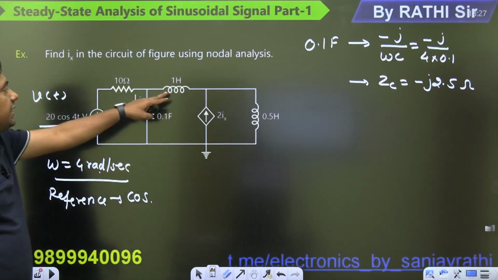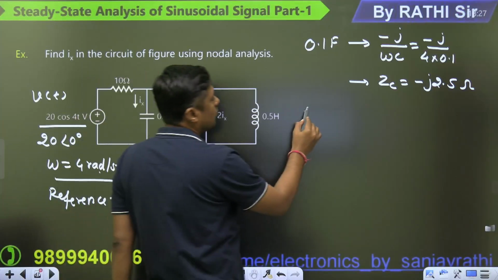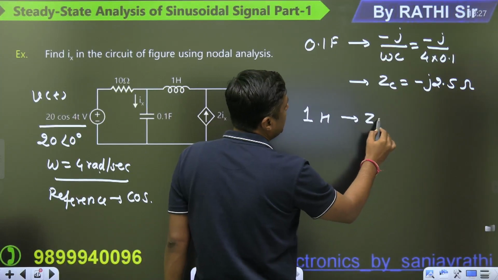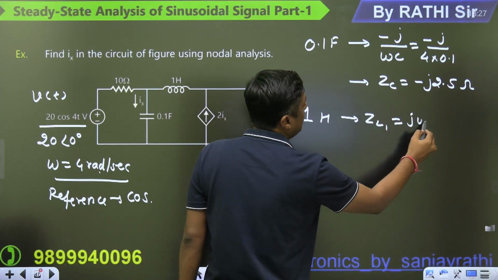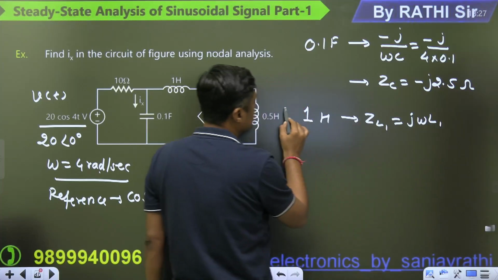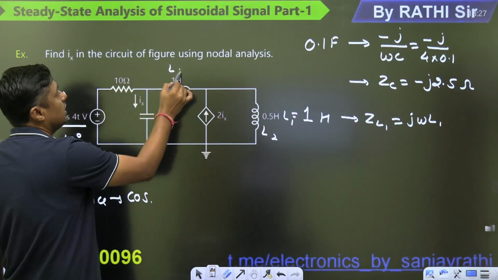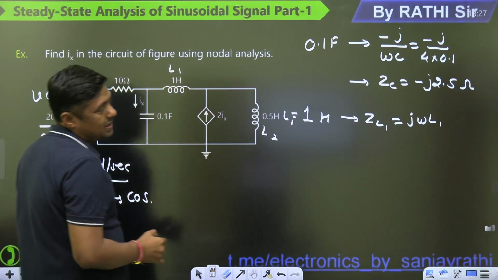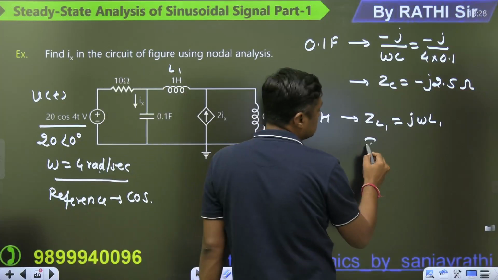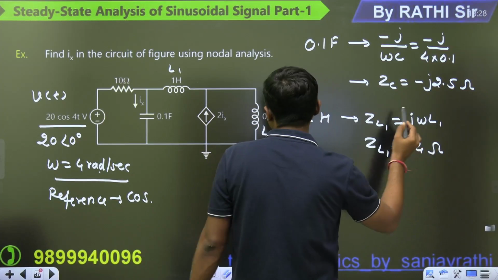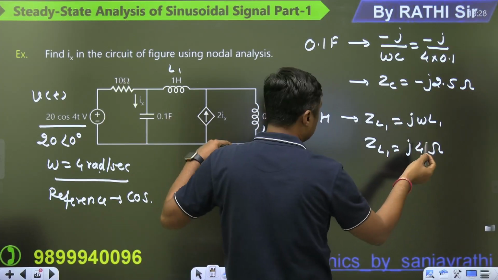Then what is the 1 Henry? This is L1, ZL1 is J omega L1. This is L1 and this is L2. It will become J4 ohm, because L1 is 1 and omega is 4.